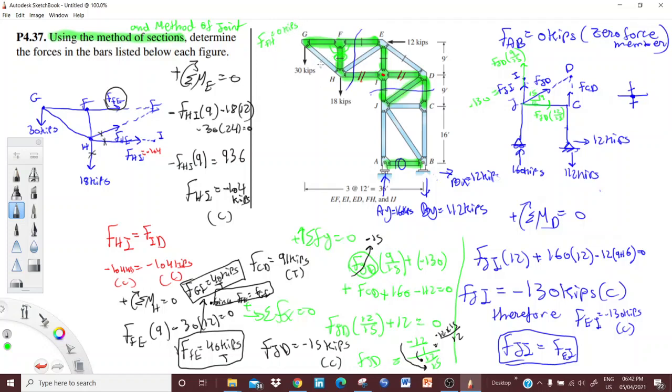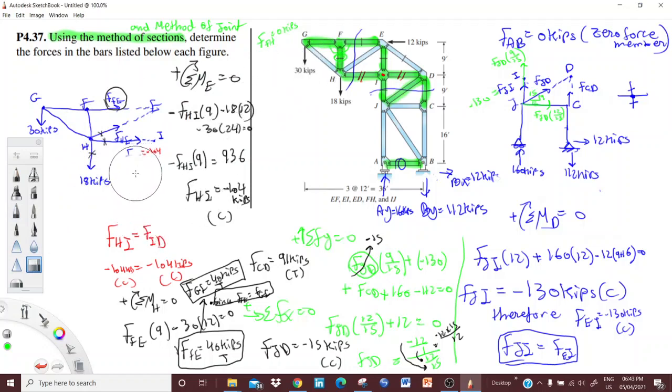Right now we need to solve the inclined member. We are left with the inclined member right now, so let's erase in order to find the inclined.